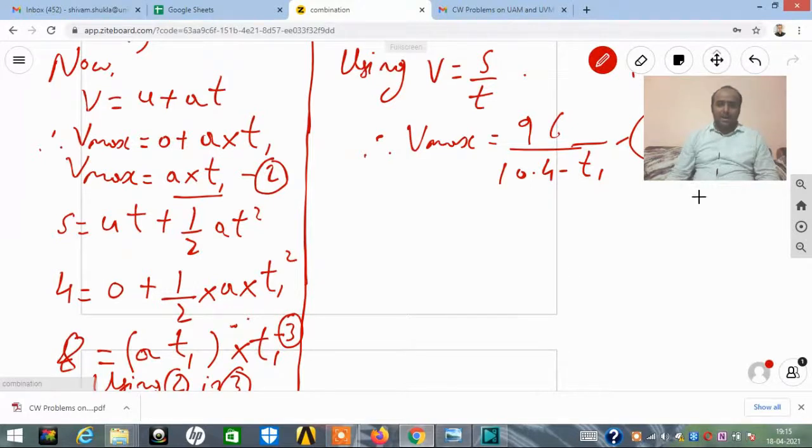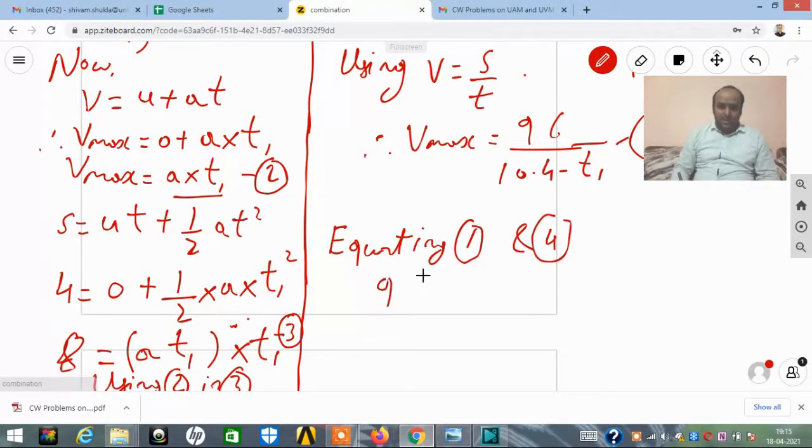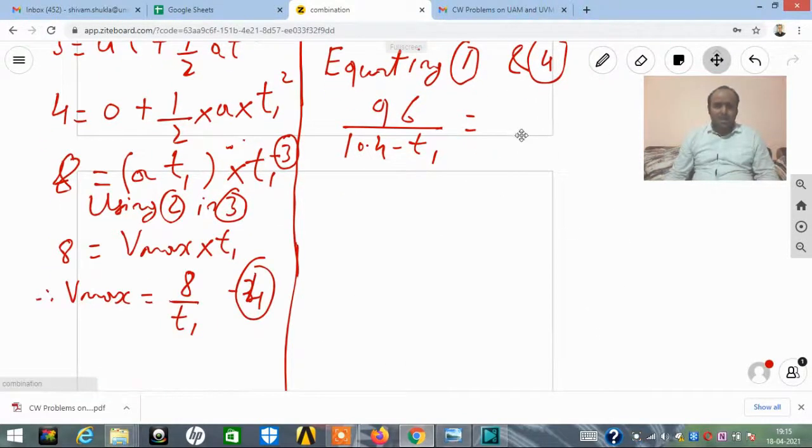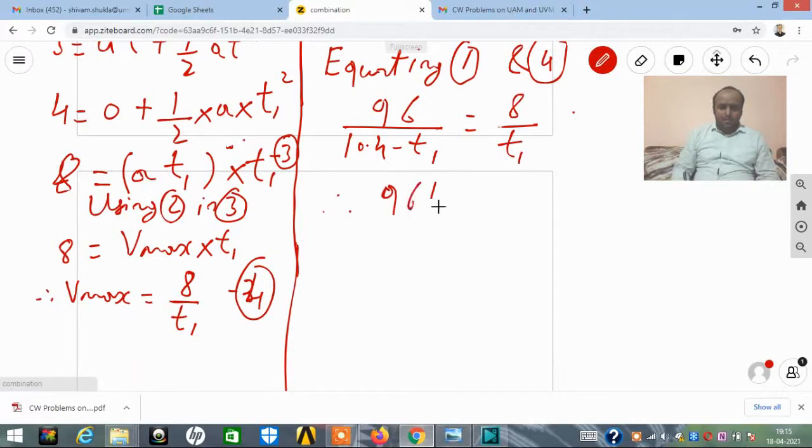Equating 1 and 4, 96 divided by 10.4 minus T1 is equal to 8 divided by T1. Therefore, 96 into T1 is equal to 8 into 10.4 minus 8 T1.